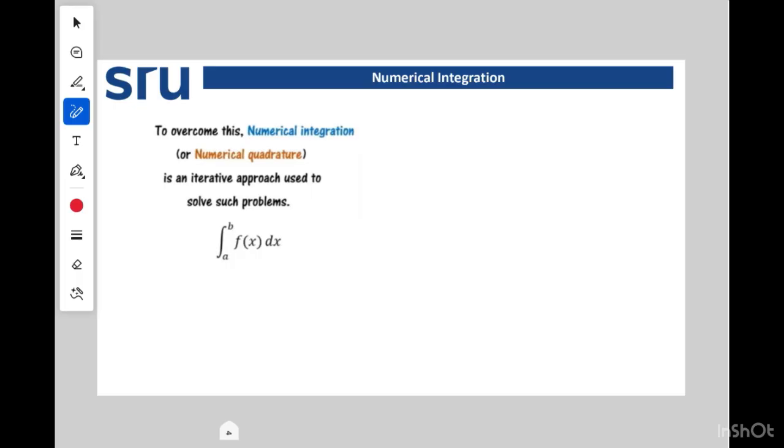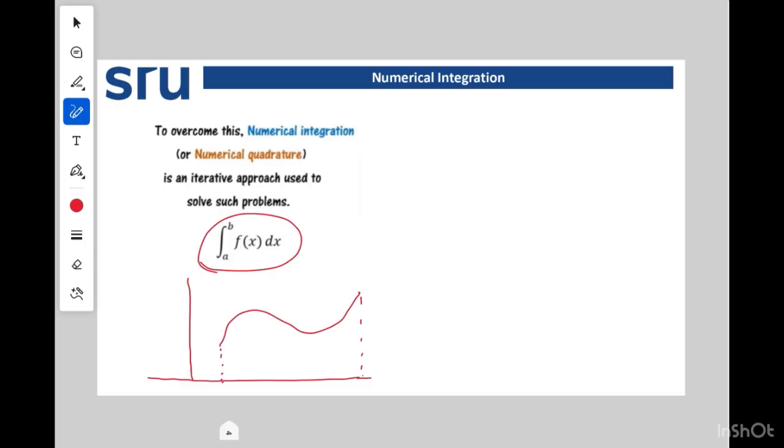Since we are talking about integration, our purpose here is to find the integral of the function f(x) from a to b. What is the meaning of this integral? Suppose I take a random function like this, where this one is a and this one is b.